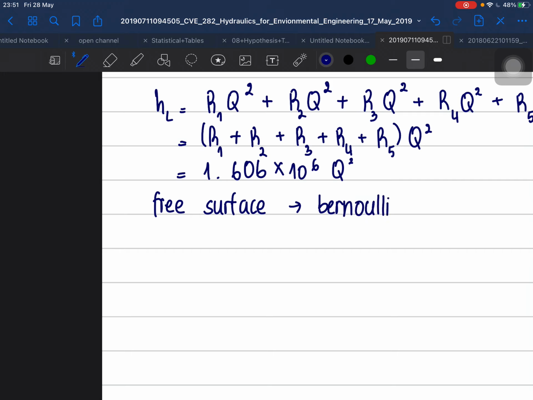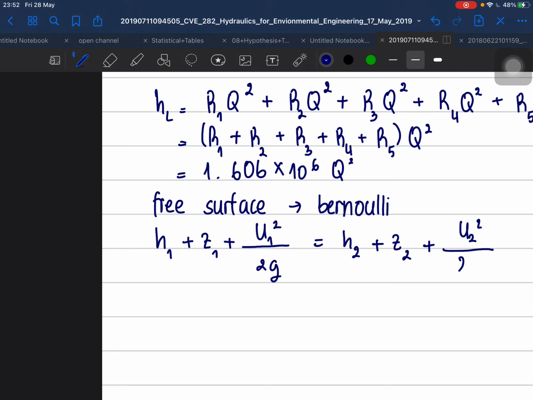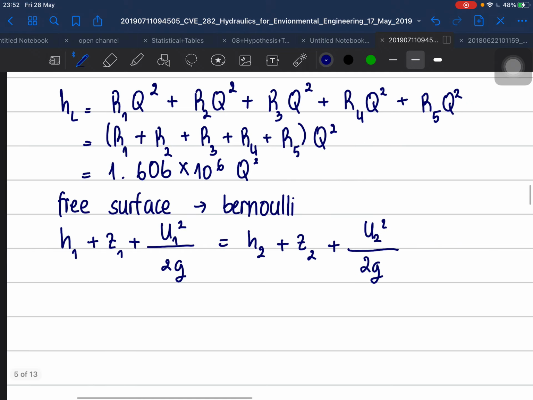And this Bernoulli, we can have h1 plus z1 plus u1 velocity squared over 2g equals to h2 plus z2 plus u2 squared over 2g plus hl.